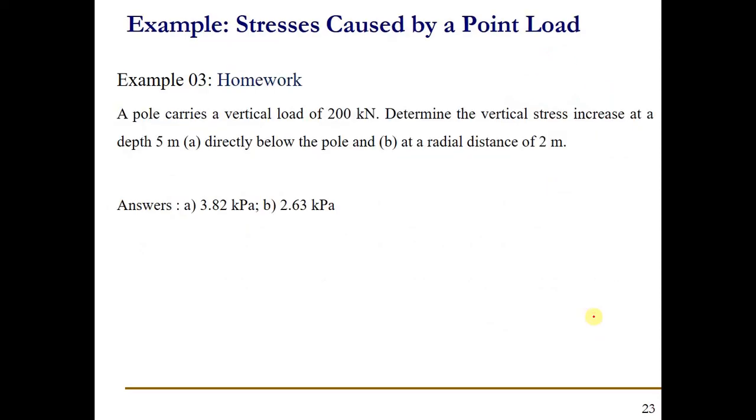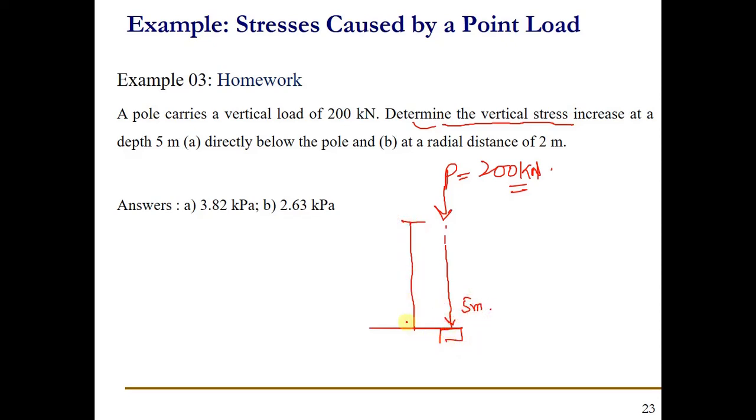This is a homework. A pole carries a vertical load of 200 kilonewton. We need to determine the vertical stress increase at a depth of 5 meter. This is the depth here.